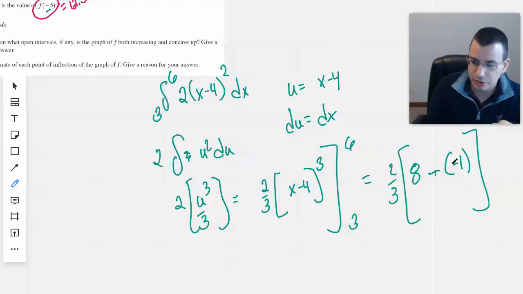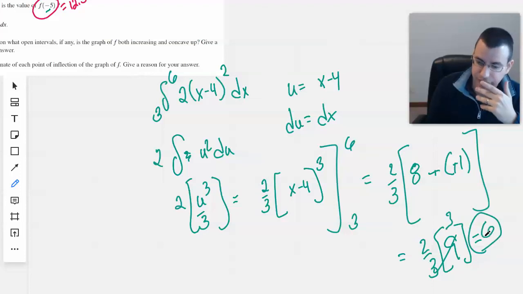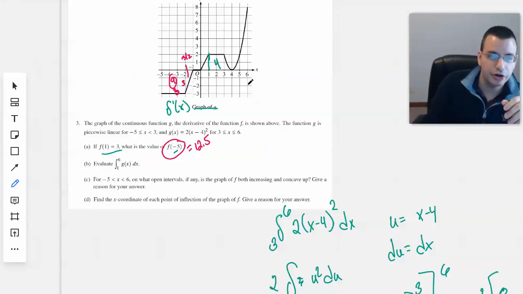Seems reasonable, which gives us 9. 2/3 times 9, which equals 6. So our total area for here is 6.